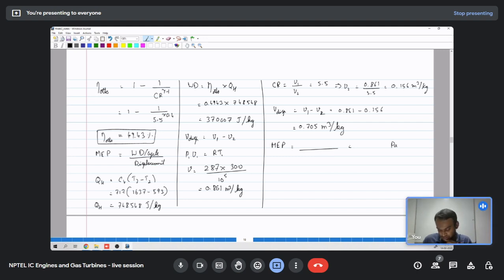So MEP is work done, 370007 divided by displacement volume 0.705, which is 524,832 Pascal, which is 5.24 bar.